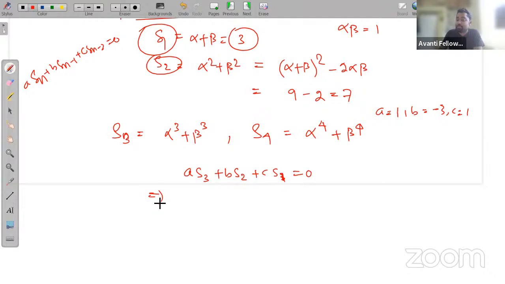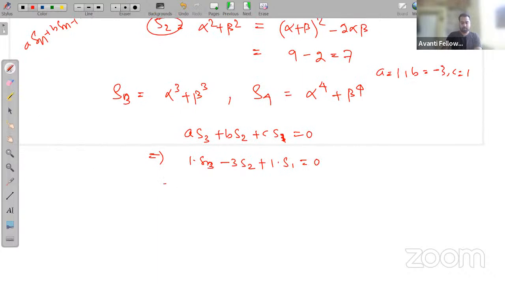So substitute the values of A, B and C. A is 1, so 1 into S3 plus B is minus 3, so minus 3 into S2, plus C is 1 into S1, is equal to 0. Now all of you know what S2 is.